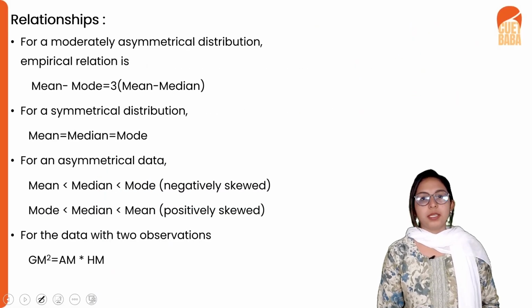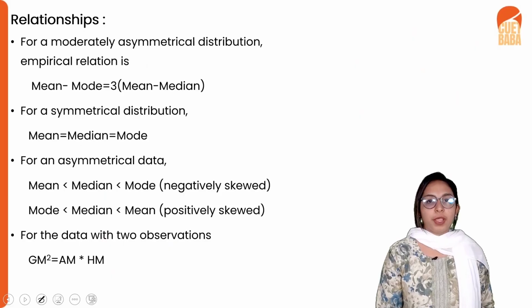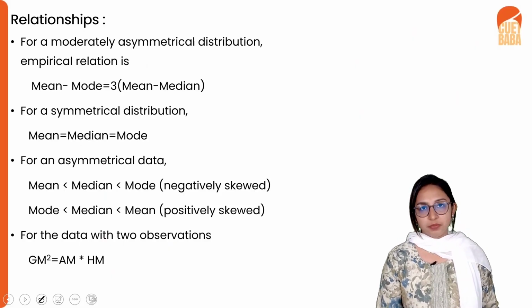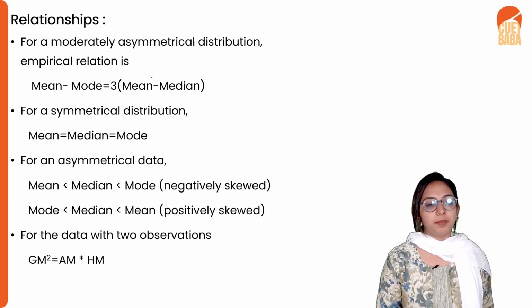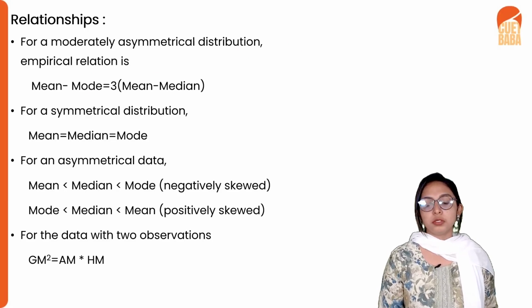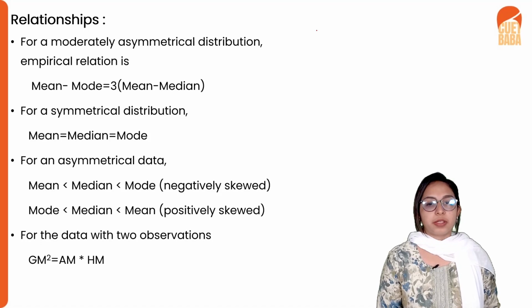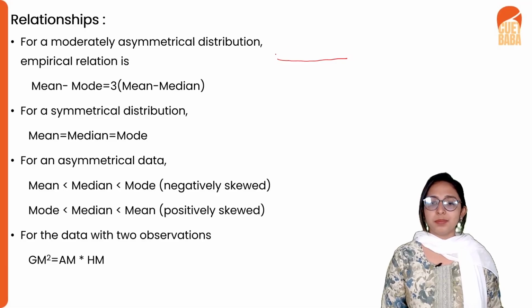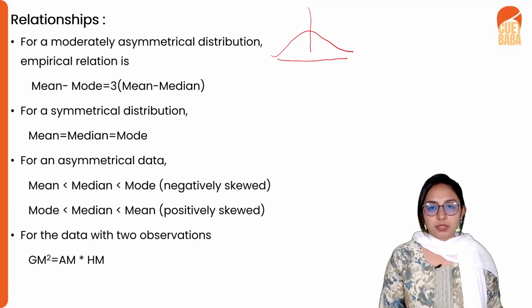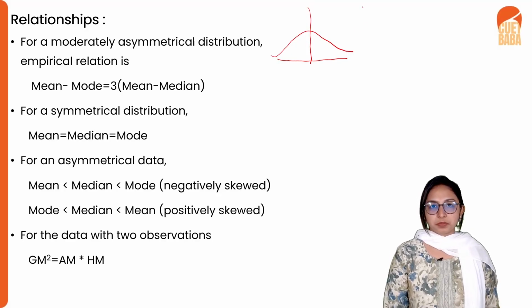Next are a few relationships between the measures of central tendency that we have discussed. For a moderately asymmetrical distribution, the empirical relation is: what is a moderately asymmetrical distribution? We consider the standard normal distribution as the symmetrical distribution. Its graph is like this, and here comes the mean.